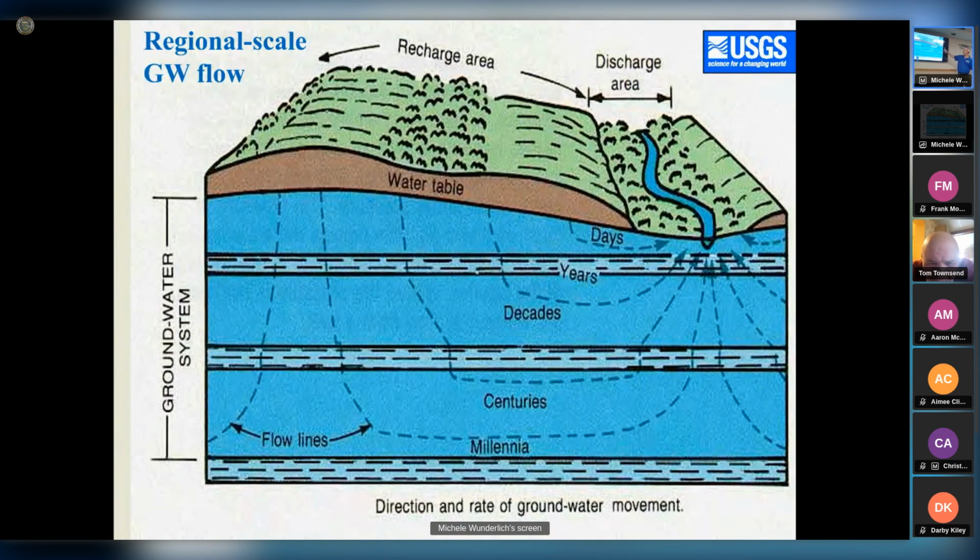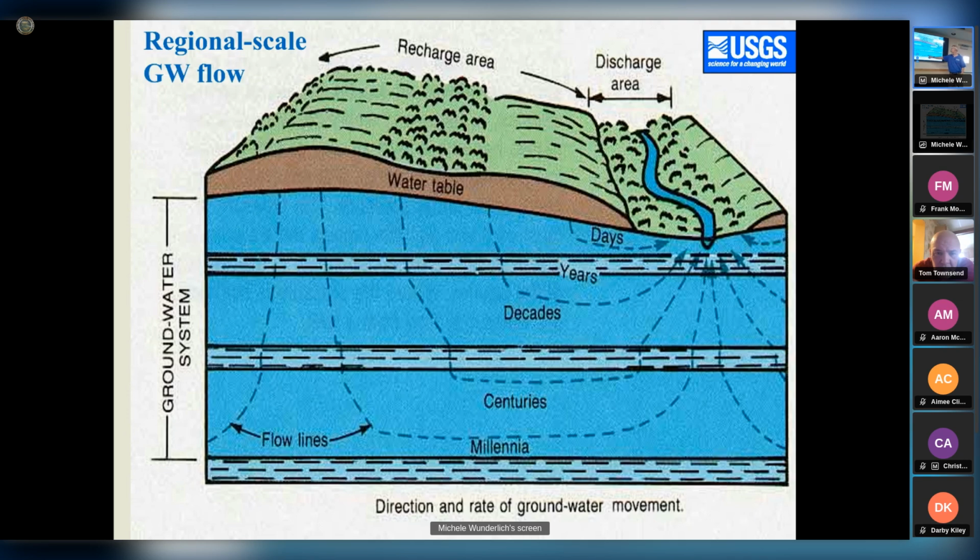And this is just a slide of a hypothetical regional groundwater flow system. These dashed line units are the confining units, probably equivalent to something like Long Island. But just to point out that the shallow water table aquifer in the top here, if rainfall infiltrates close to the stream, it may be just a matter of days before it discharges to the stream, so it's very young groundwater.